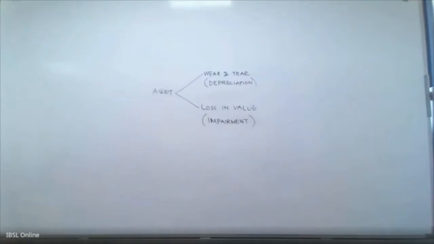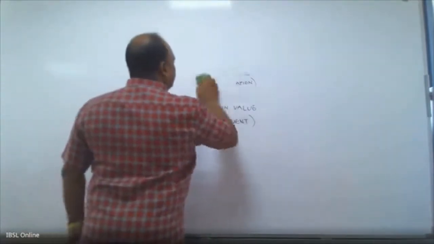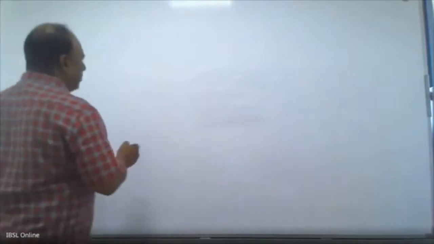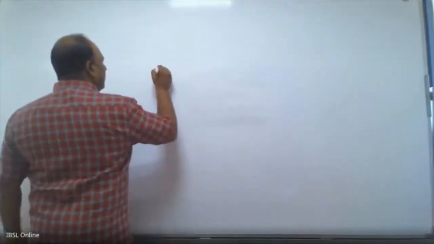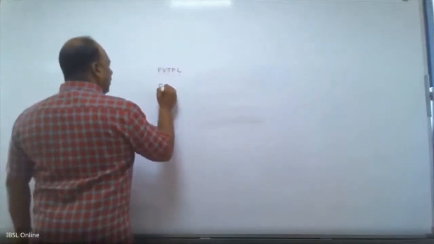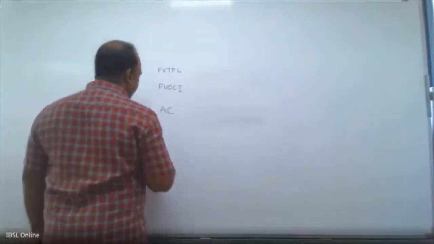Now the question is, where should we provide impairment? I have already said that it is the loss in value. Now, when it comes to SLFRS 9, there is fair value through P&L, there is fair value through OCI, there is amortized cost.